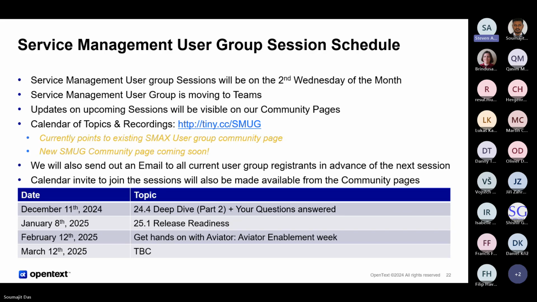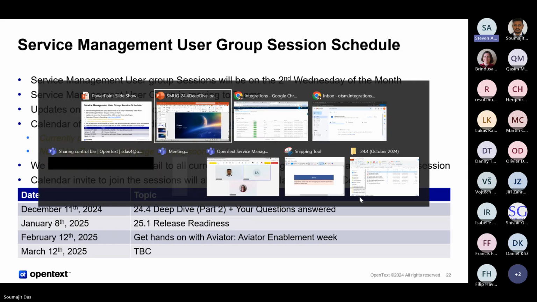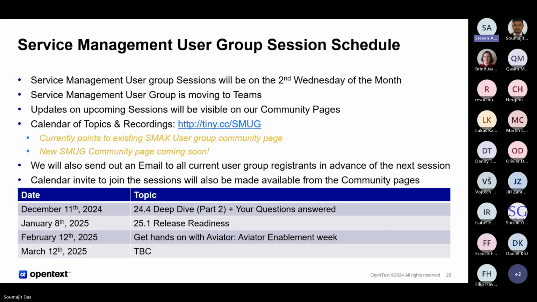Then in February, we'll get hands-on with Aviator Enablement Week. And for March, we're still working out what our topic is going to be for that week. If you would like to present something, you can always reach out to me, Steve Anderson, or to Dean. Or if you have suggestions, you can let us know as well.